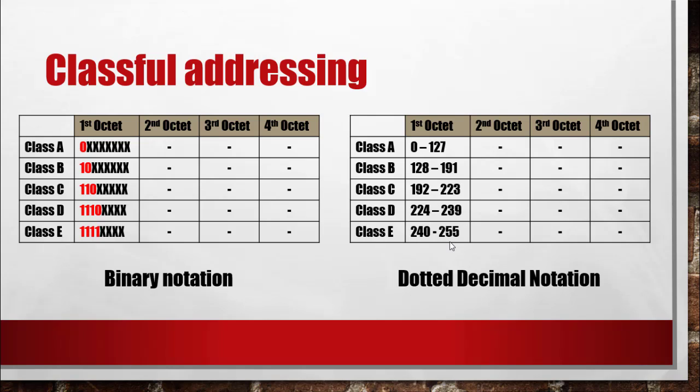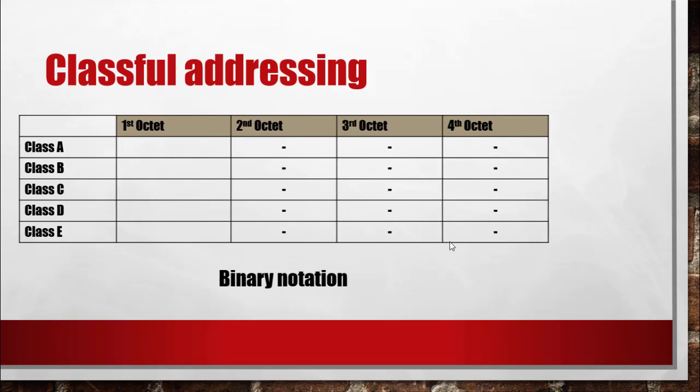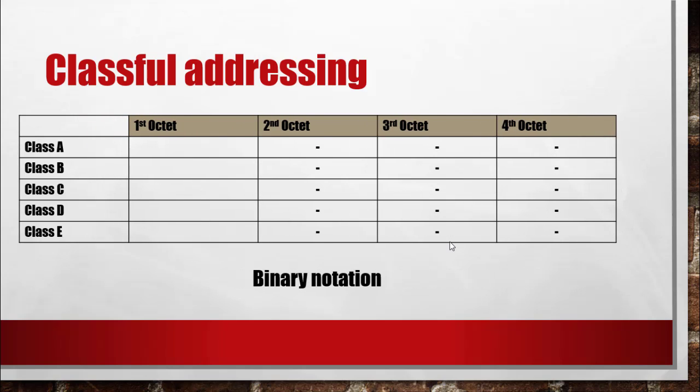Remembering this is very important when you are doing calculations or answering questions in your examination. So I will teach you an easy way to remember this rather than memorizing these values. Let's start with the binary notation. The first value of class A is 0 and the rest can be anything. For class B, it's 1, 0. Class C, 1, 1, 0.